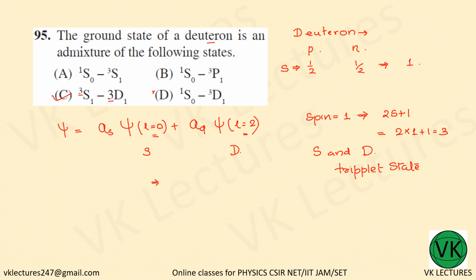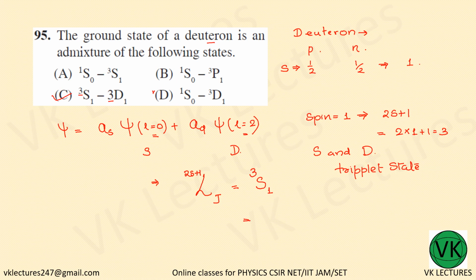So how you write the state is L, J and 2S plus 1. So the first one is L equal to 0, so you can write S, J value is 1, and this is a triplet.